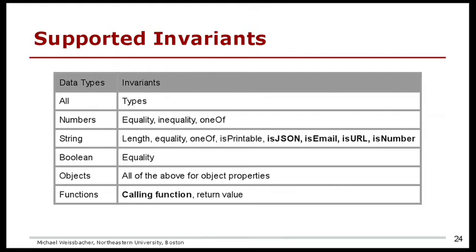We also have learned typing. JavaScript is dynamically typed, so developers don't specify a type in the program, but usually a variable will be used only one way or another, so we can learn this too. And we're also doing some control flow checking based on the invoking function of a function.